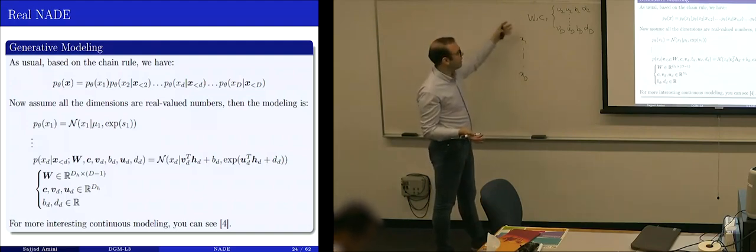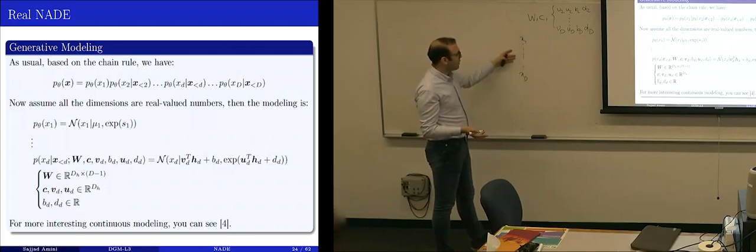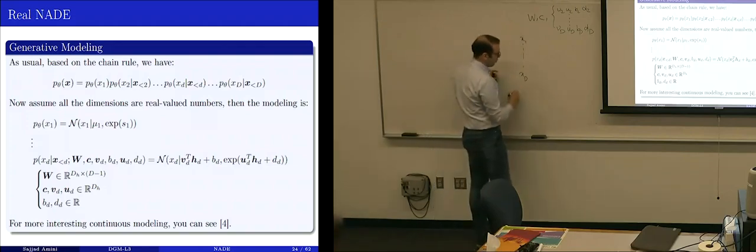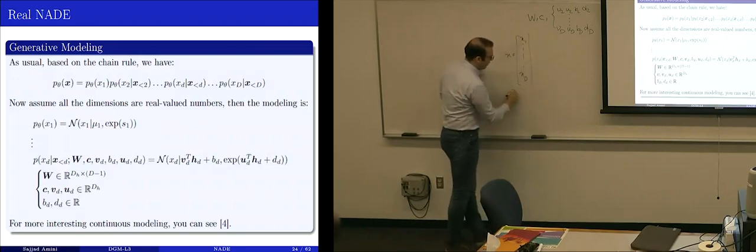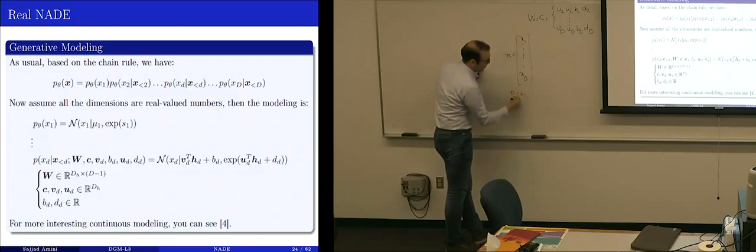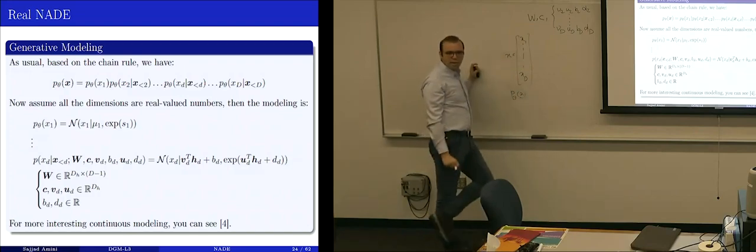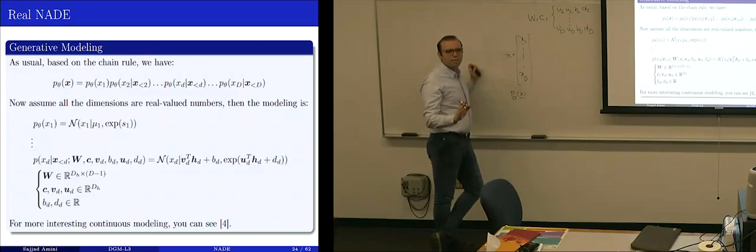You are given a model, you are given a data point, and you are asked what is this value. How can I calculate it? Step by step, we should calculate each factor because it is based on chain rule. What is the probability of x1? I have the model.